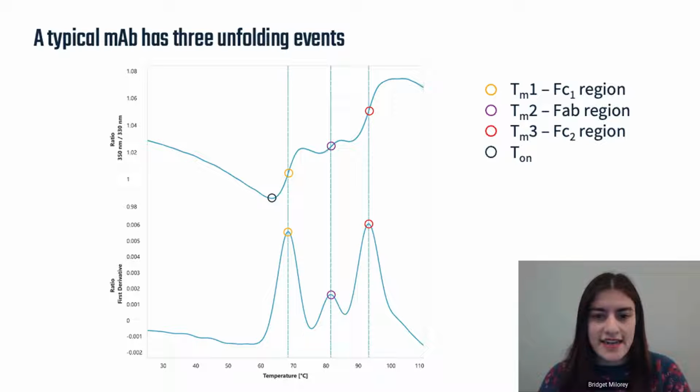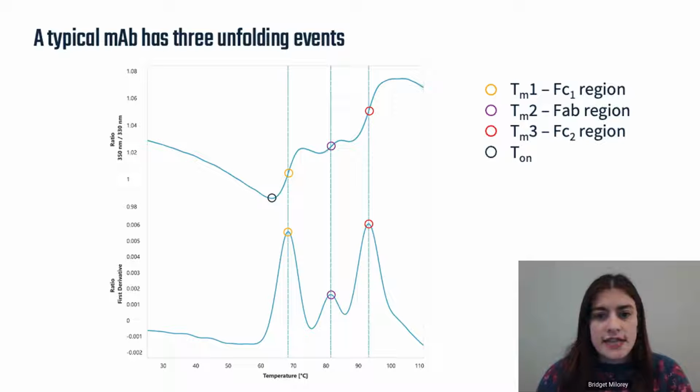Yes, definitely can. So we'll pull up a slide here, and what we're looking at here is the NIST monoclonal antibody, or the NIST mAb. And you can see that in the nanoDSF unfolding profile, there are multiple Tms, which is typical for mAbs.